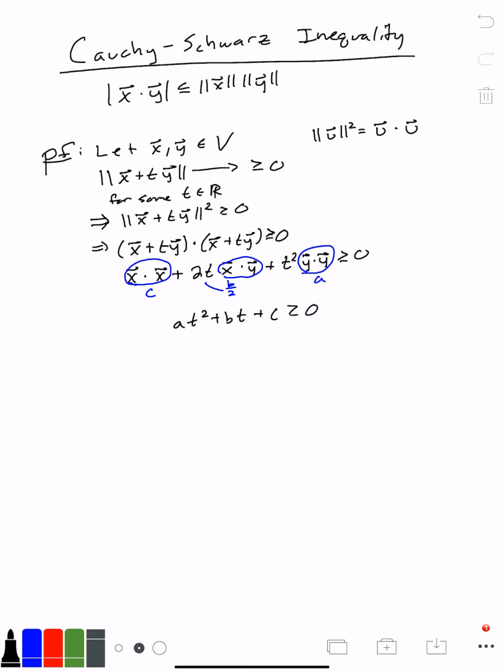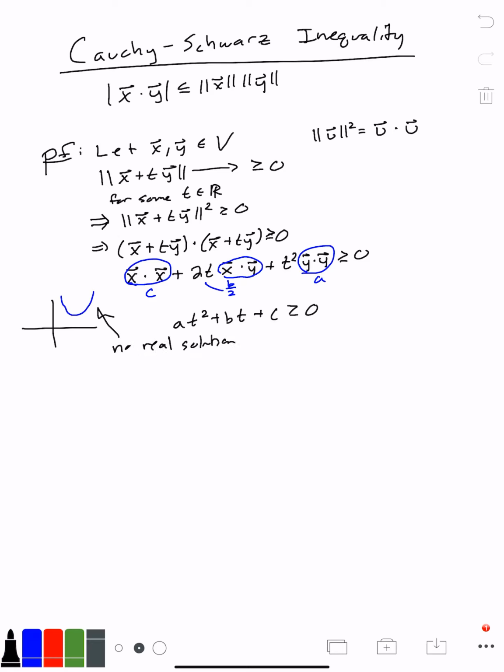Now this is a quadratic polynomial in t. And in order for this polynomial to be greater than or equal to 0 no matter what, that means it has to be fully on top of the x-axis. Now if it's fully on top of the x-axis, that means that there are no real solutions.